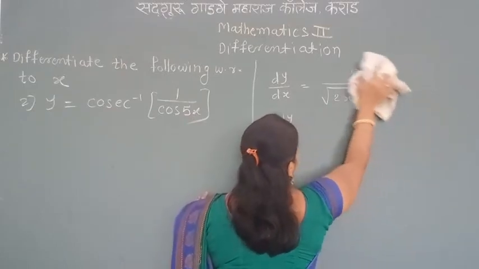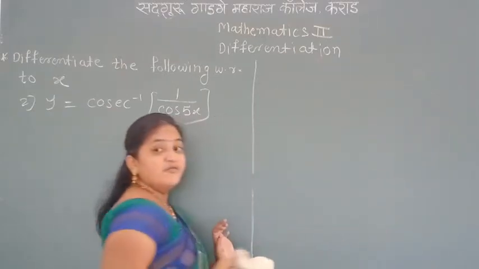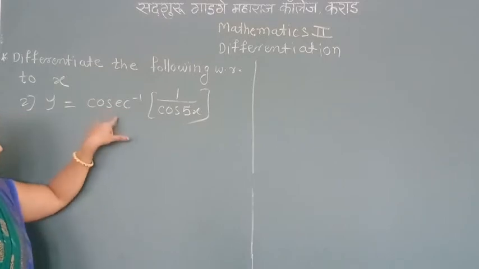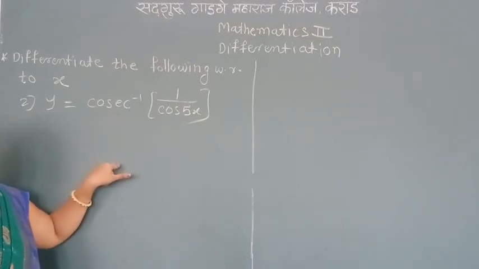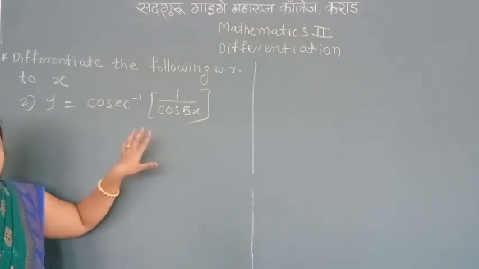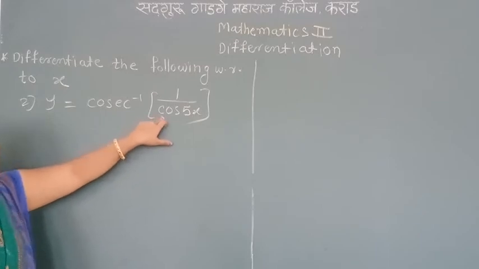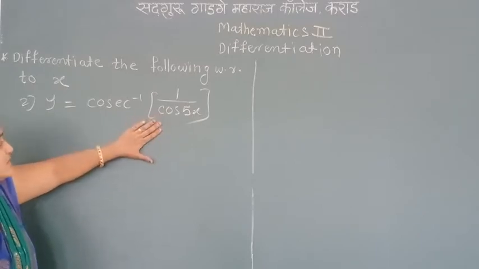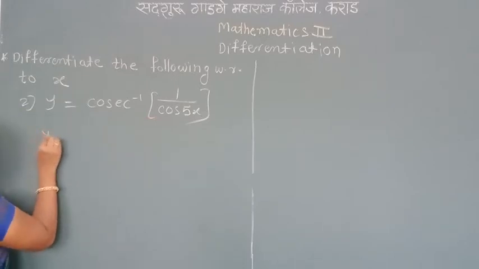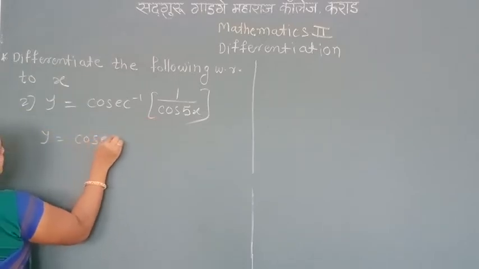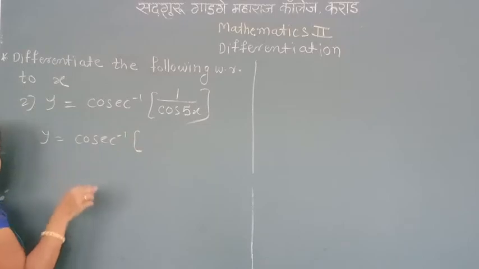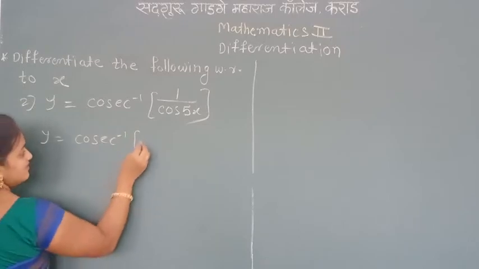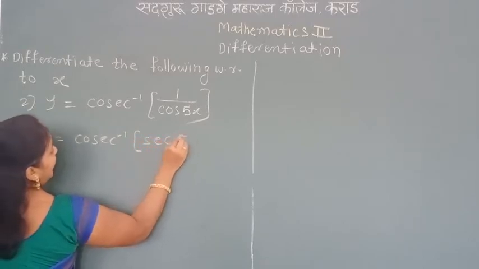We know the derivative of cosec inverse x, which is minus 1 upon x square root of x square minus 1. But here we have 1 upon cos 5x. So we can convert this into y is equal to cosec inverse of (1 upon cos), which is sec 5x.